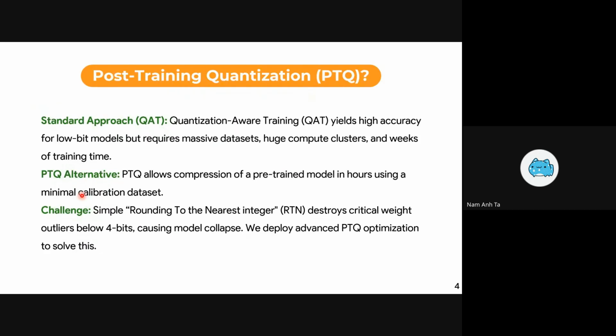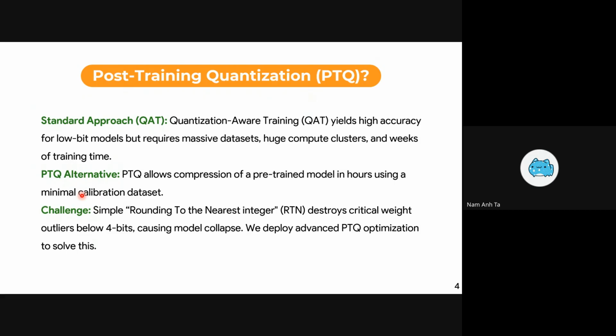So how to quantize large language models? You might use Q8 or quantization aware training, which can actually give very high accuracy, but it needs to retrain the entire model. We don't usually have that many resources or a massive data set like that.